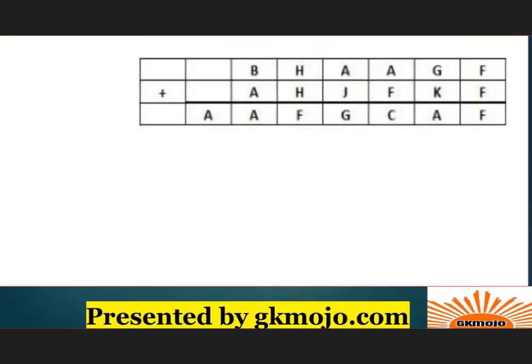One thing I want to clear with you is whenever you're adding two one-digit numbers, let's suppose you are adding 6 plus 6, what do you get? 12. 7 plus 7? 14. 7 plus 8? 15. 9 plus 8 gives 17. 6 plus 5 gives 11. 4 plus 9 gives 13. What is the peculiarity that you can observe over here?